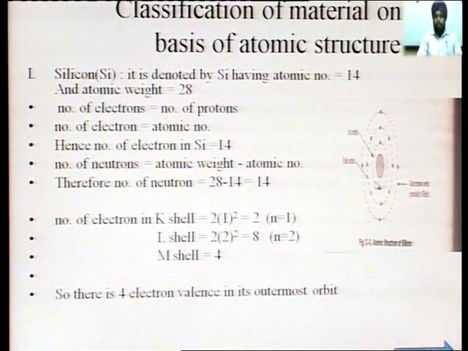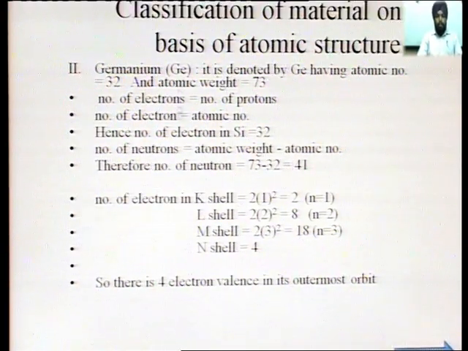In the first orbit the number of electrons will be 2, in the second orbit the number of electrons will be 8, and in the last orbit the remainder, since 2 plus 8 is 10, is 4, 10 plus 4 is 14. So in the last, the M shell, the number of electrons will be 4. So there are 4 valence electrons in its outermost orbit.